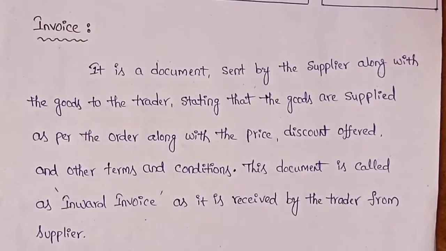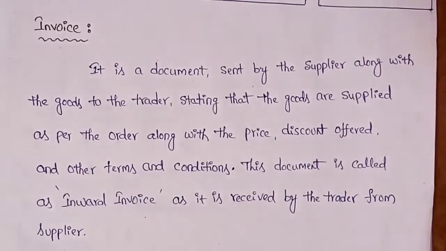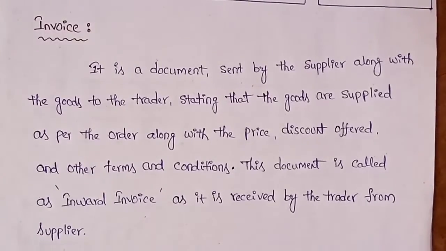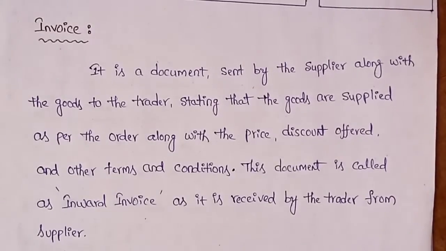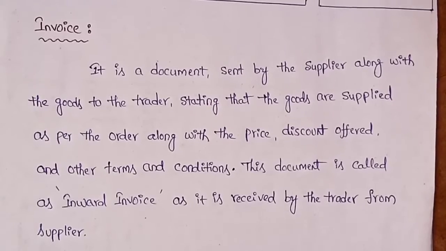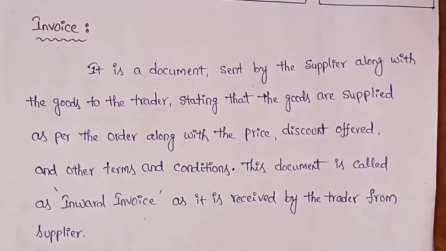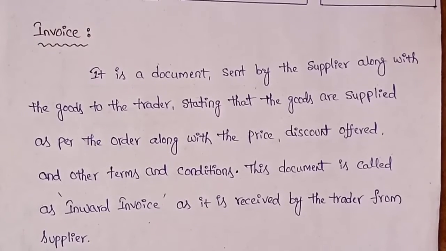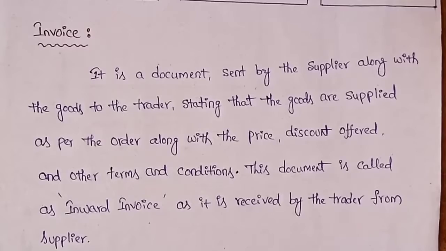What is invoice? It is a document sent by the supplier along with the goods to the trader stating that the goods are supplied as per the order along with the price, discount offered and other terms and conditions.